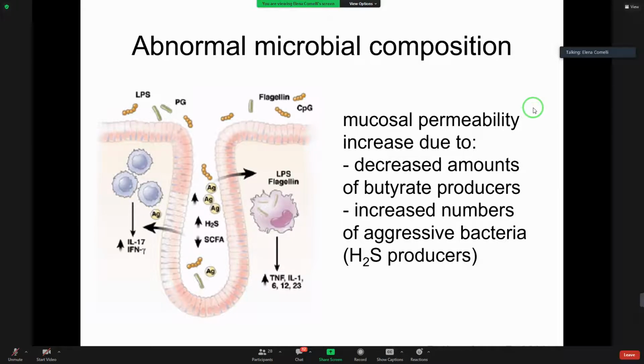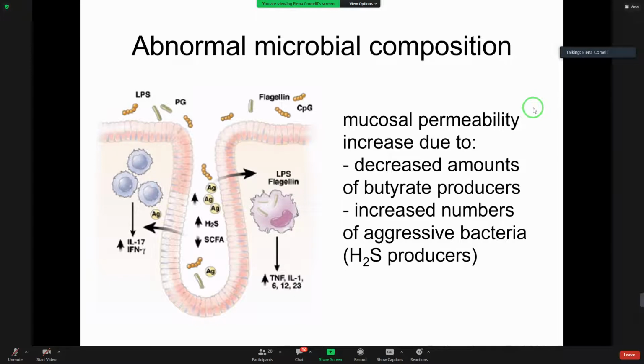So an abnormal composition of the gut microbiota, which may be associated with increased permeability, because this dysbiosis typically is accompanied by a reduction in the number of microorganisms that can produce butyrate through their fermentation processes. And as we know, butyrate is beneficial for the health of the colonocytes, is their main energy source.